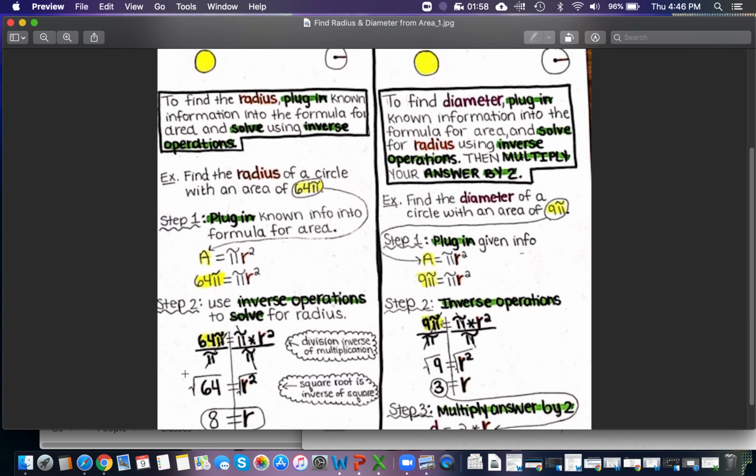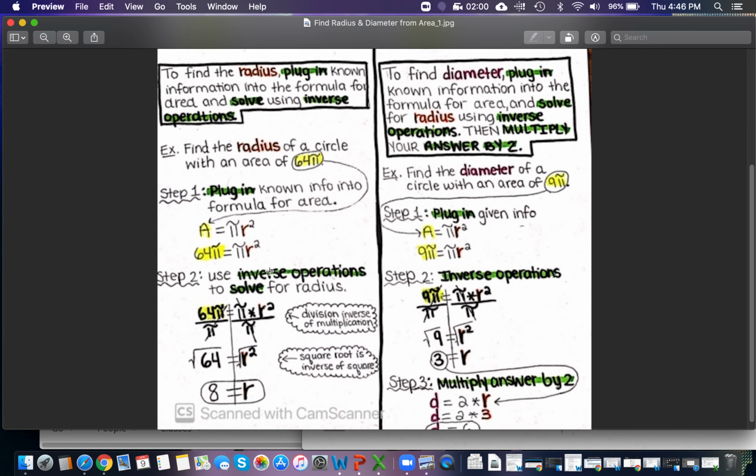For my second step, I'm going to use inverse operations to solve for radius. So I have 64 pi equals pi times the radius squared. The first thing I want to do is get the radius by itself. So I need to get rid of this times pi.